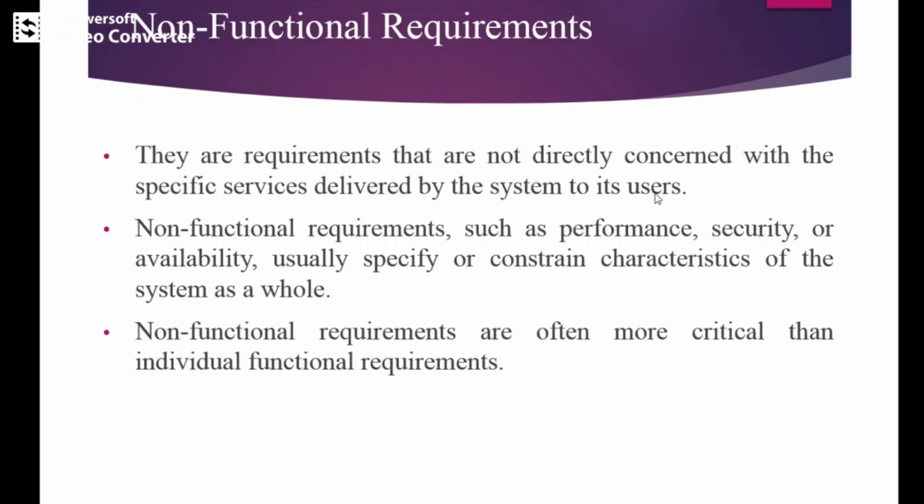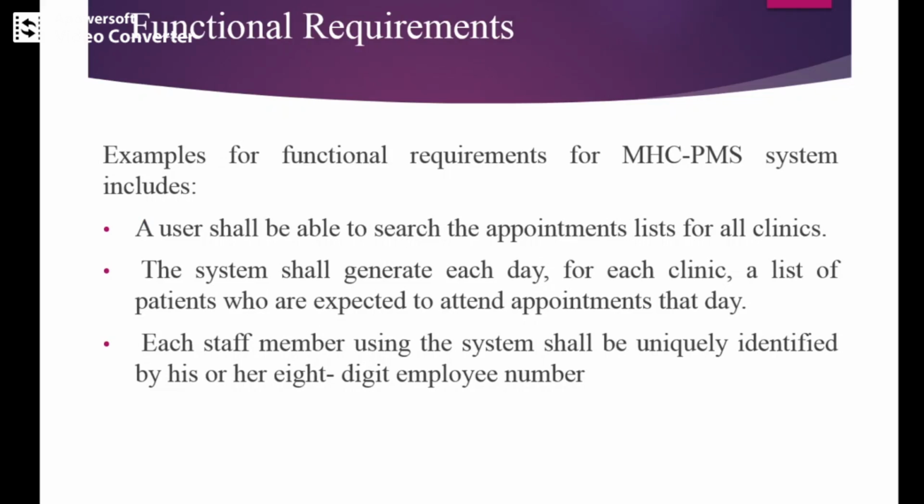One point I left out in functional requirements is that functional requirements should be complete and consistent. We are using these terms always in software engineering. So what is the meaning of complete and consistent?